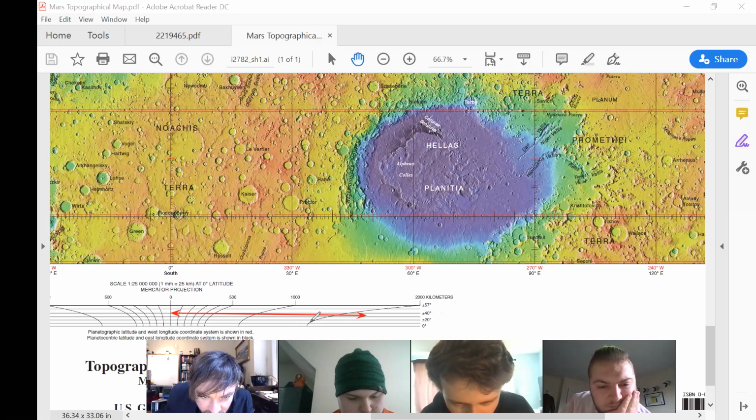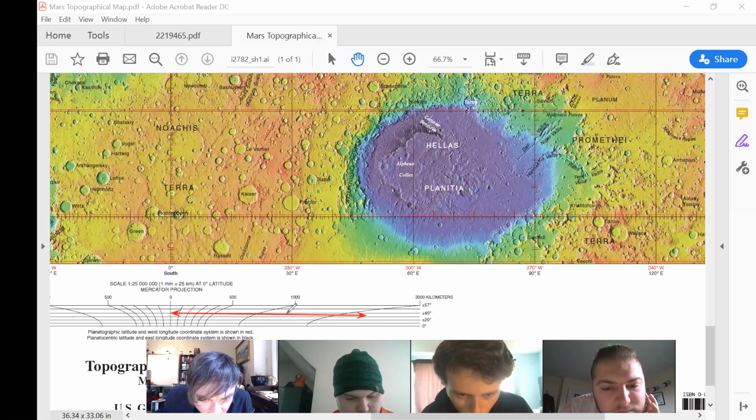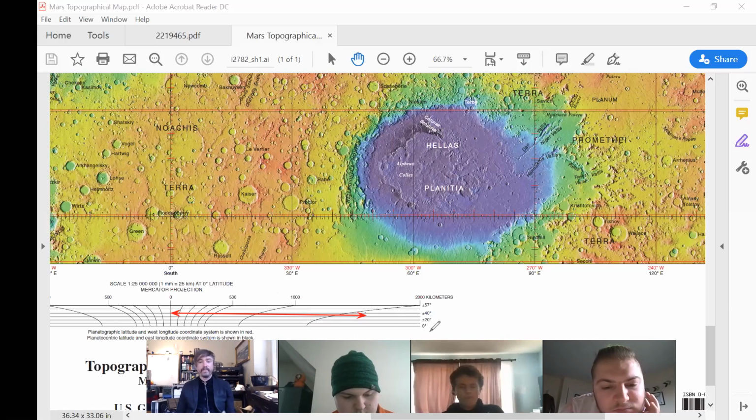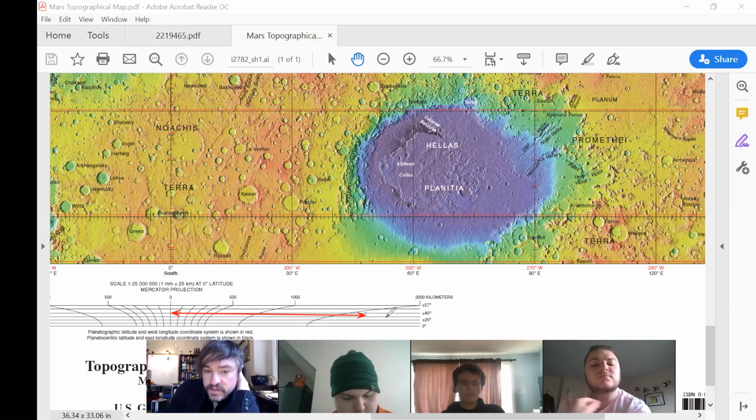Anything that touches this black line is 2,000 kilometers. Our line is at -40 latitude, and it goes all the way out to here. So 2,100, yeah, 2,200 kilometers. Let's say the impactor that created this is 1/10 to 100th the diameter. If this is 2,200 kilometers across, how big might the impactor have been?